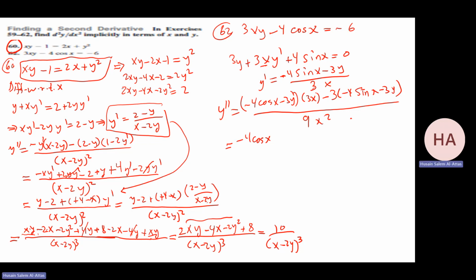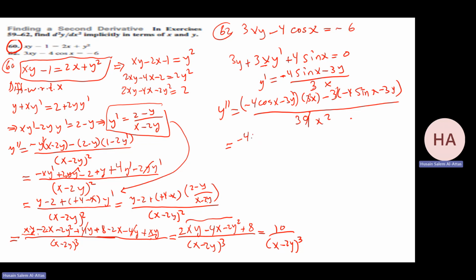I have what? Yeah, it's 3y prime. Yeah, okay, keep it. Yeah, minus 4 sine x. Here I have 3x cancelled with this one. I have minus 3. That will be what? You cancel 3 with 3. With 9, the remaining is 3.